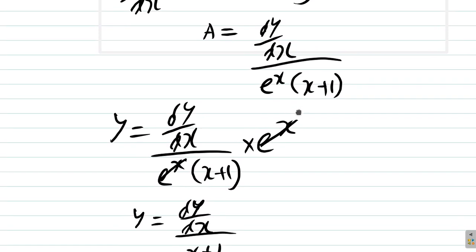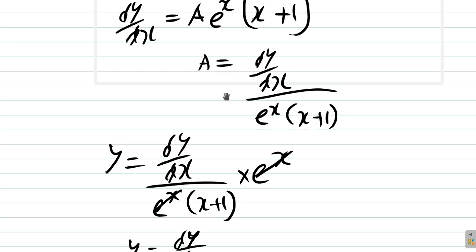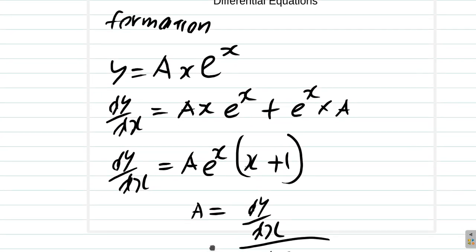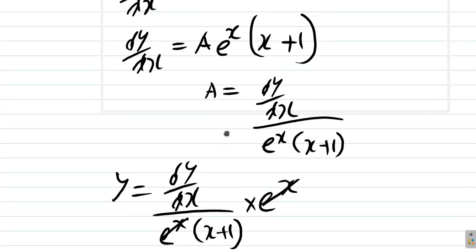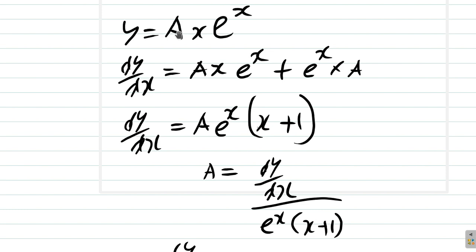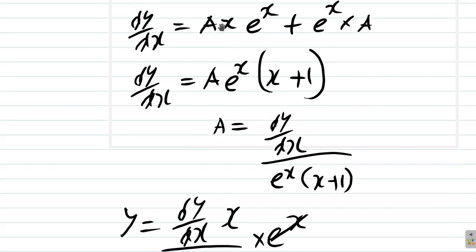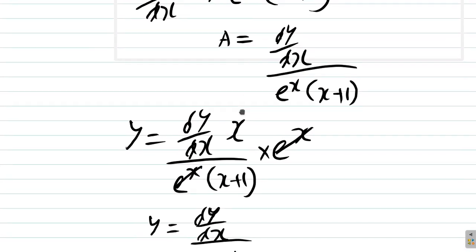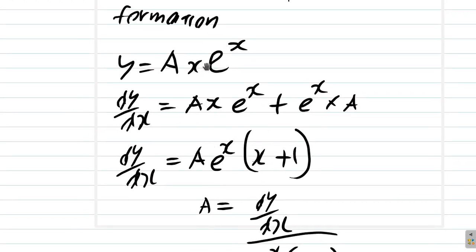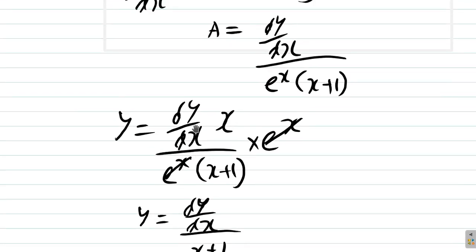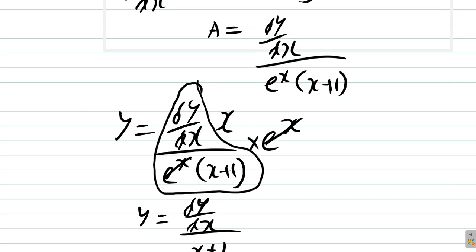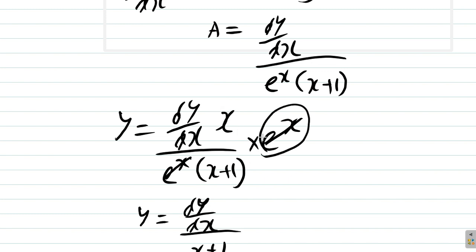And then we say y is equal to ax. Oh, guess what? I left out the x. It is a times x, and x should be here. I was wondering if something was left out. So it's a times x times e to the x. So it's a is all of this, times x times e to the x. Okay, good.